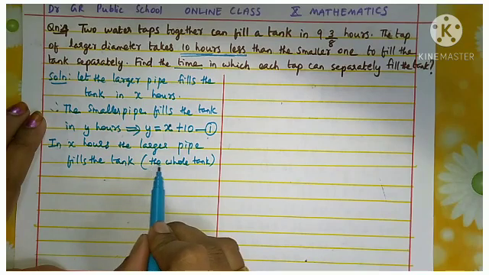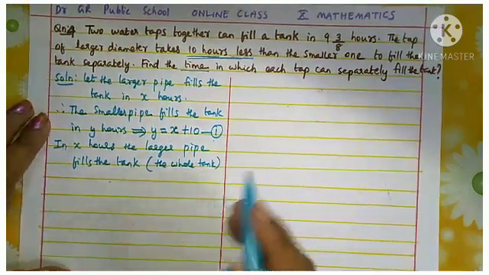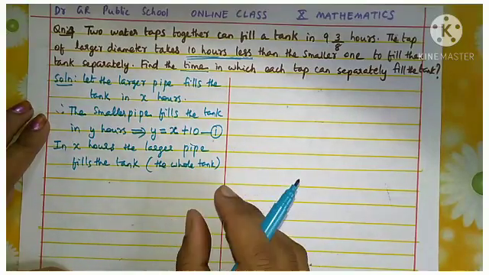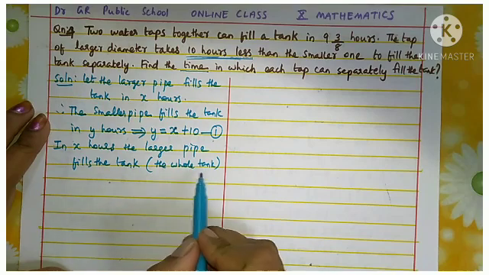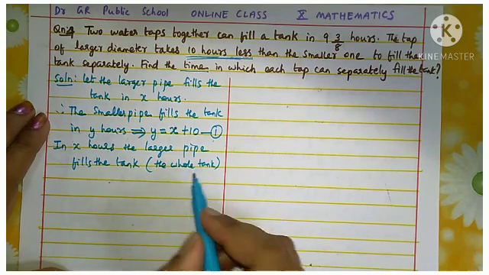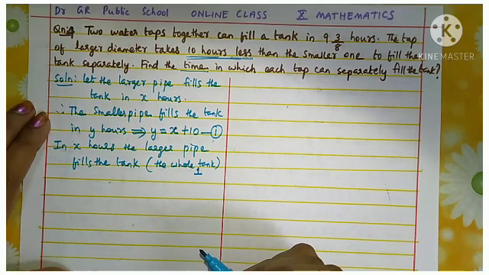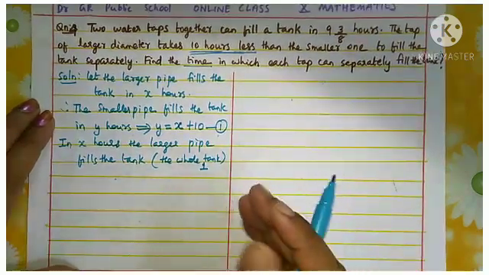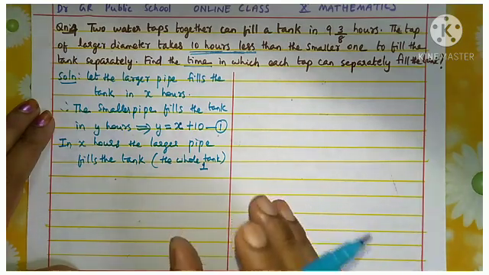We don't know the volume of the tank here, it is not given in the question. So we consider the whole tank, and the whole quantity we assume as 1. In smaller classes also, when you studied fractions, you studied what the whole quantity is.